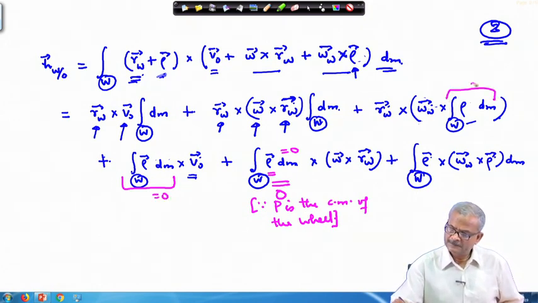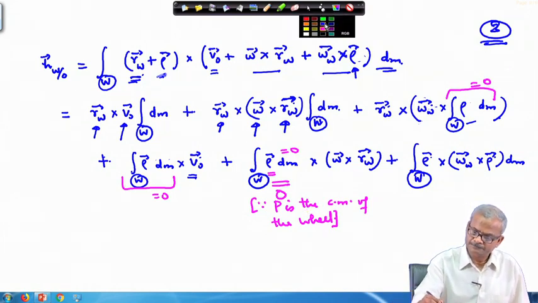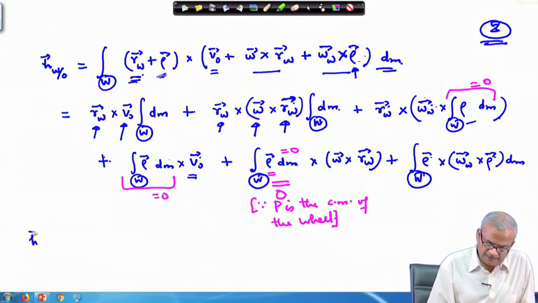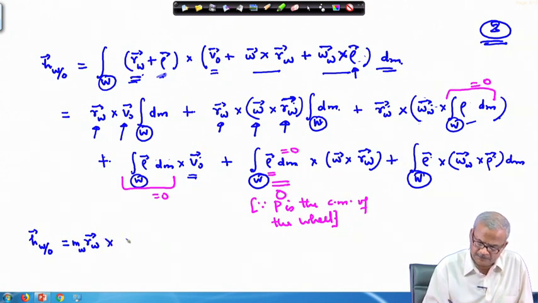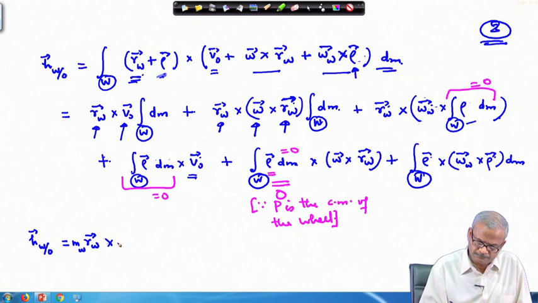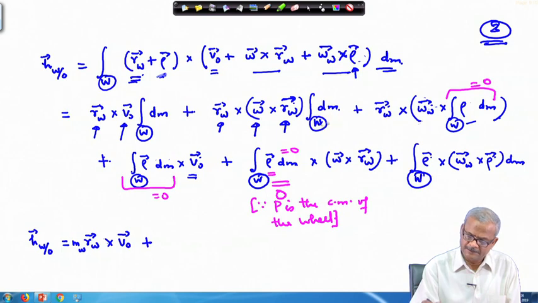Here in this place this quantity becomes equal to 0. So, these terms will simply drop out, and what we get here is H_WO equal to r_W cross m_W times rho cross V_0 plus, again, this integration is m_W.